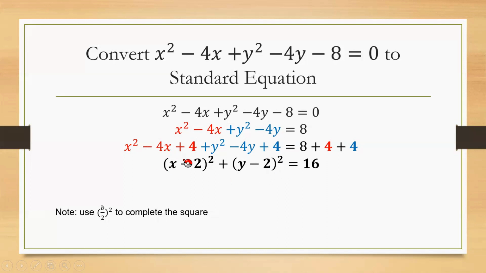A tip here is whatever number comes up when you divide b by 2. So when you do the b over 2 part of the completing the square, you put the answer here. So for example, negative 4 over 2 is negative 2. That's why we put negative 2 here. And that's our answer.